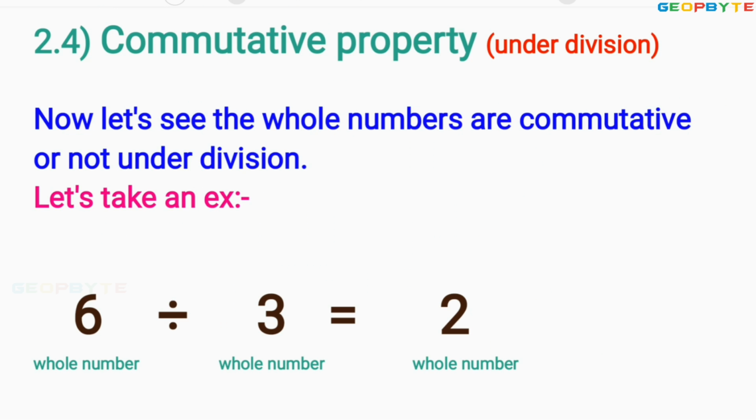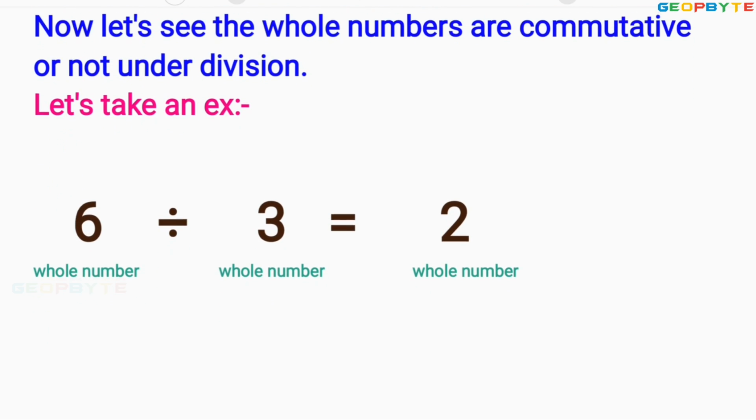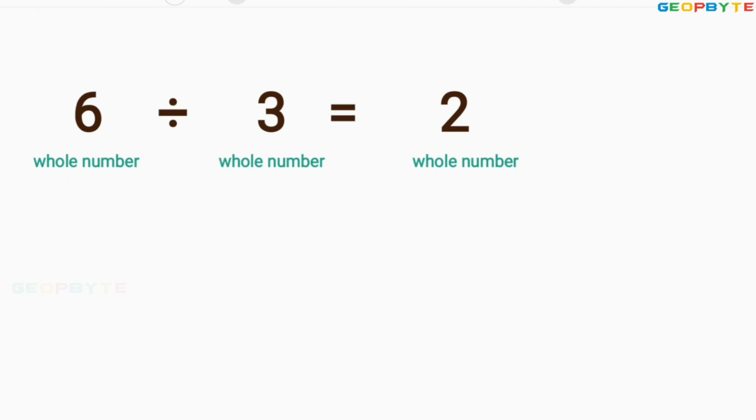Similarly, let us understand whether the whole numbers are commutative under division or not. For that, I took two examples. 6 is a whole number divided by 3 is a whole number. 6 by 3 is how much? 2, a whole number.